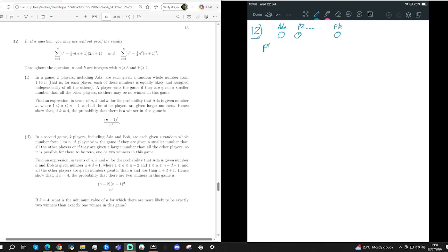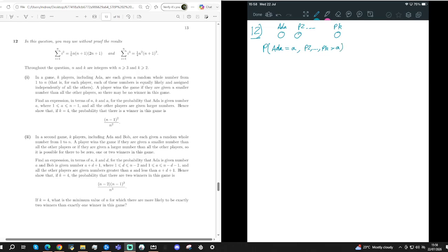So we want the probability that Ada, I'm just going to say equals a, a bit of a loose definition of equals here, but Ada gets a and player 2 up to player k are all given a number greater than a.